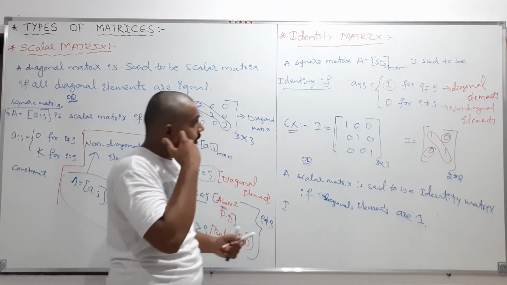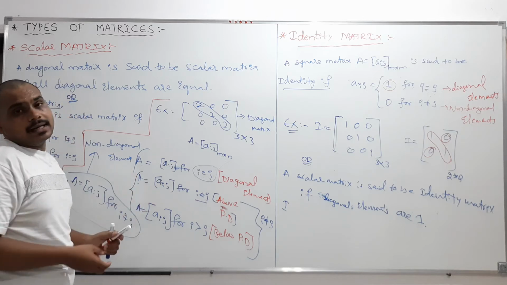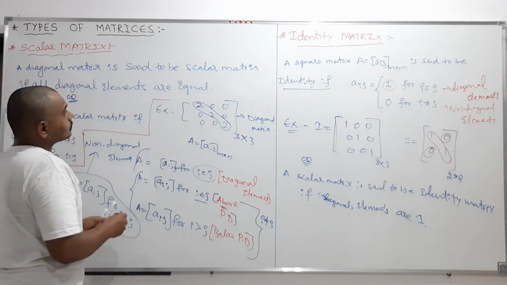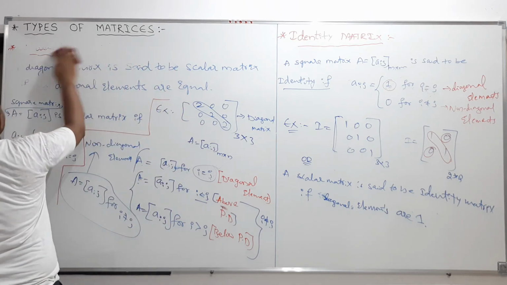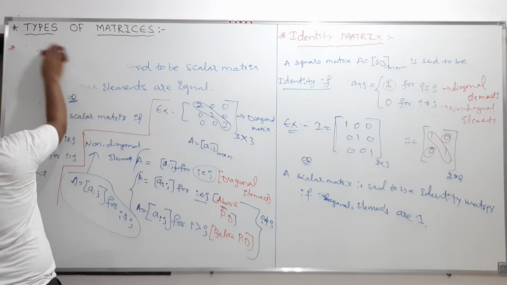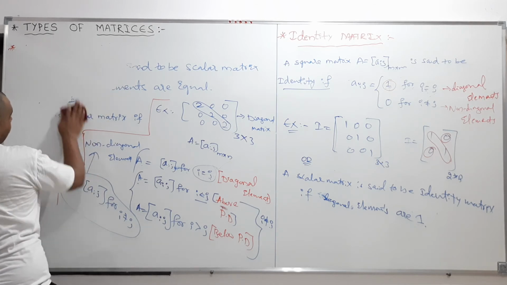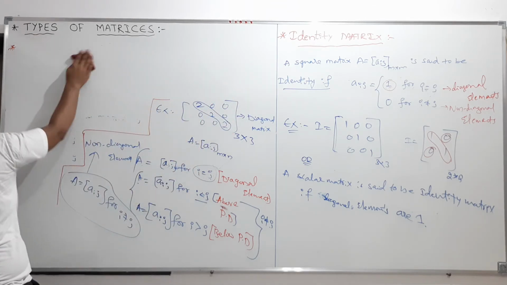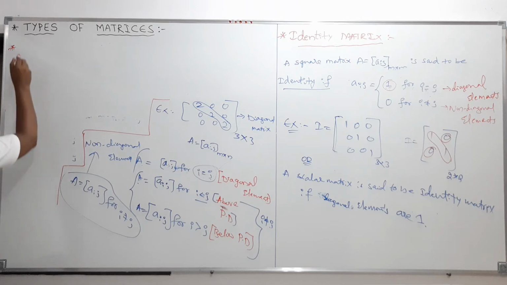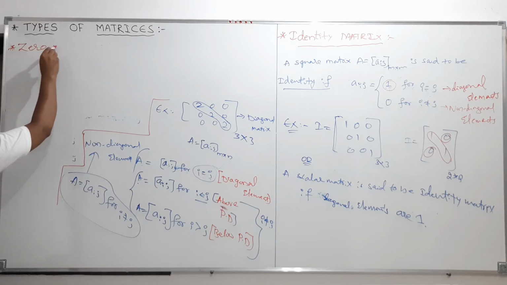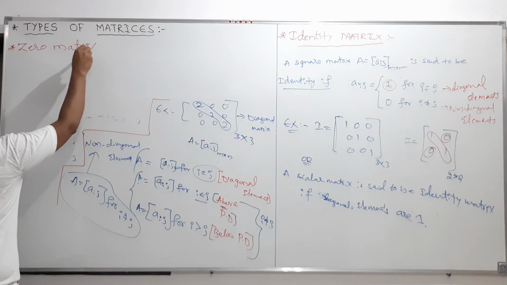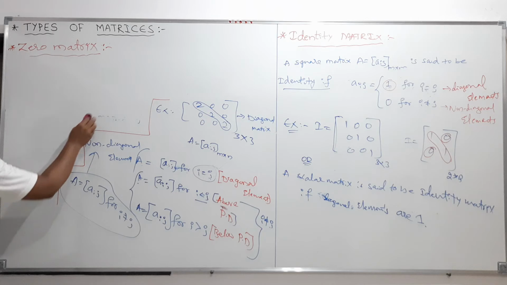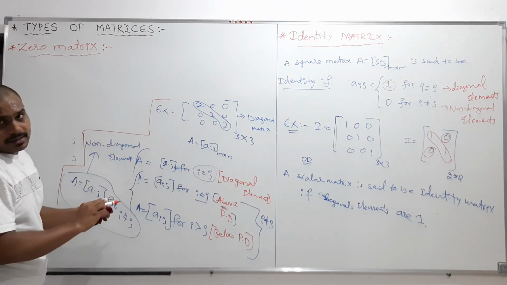And next we are discussing, my dear students, the next type, which is the zero matrix. So the name itself tells: a square matrix in which all the elements are 0.